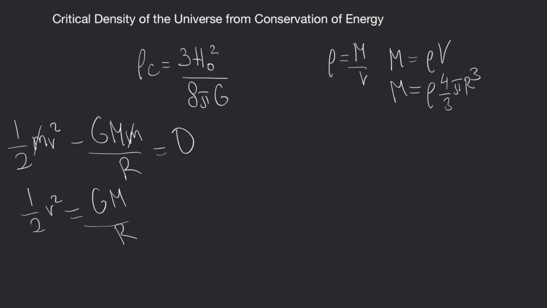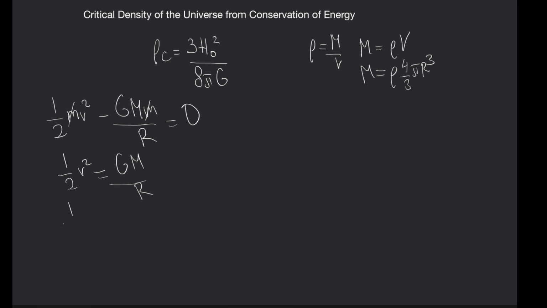Okay, we can plug this into here, and then we're going to get a half v squared is G over r, and M is the critical density times 4/3 pi r cubed. So this here is just density times 4/3 pi r cubed. The critical density is when kinetic energy is equal to the magnitude of the potential energy.